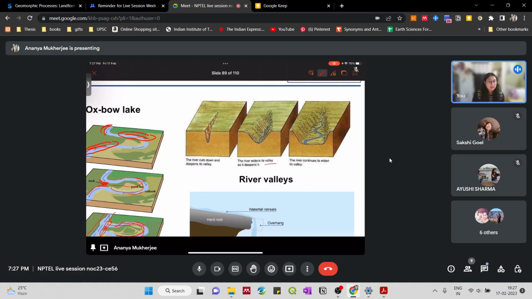As and when the channel widens, the stream starts taking a meandering pattern. At first there is not much area for it to meander, so it will flow as a straight channel, then it will become slightly sinuous and then it becomes a meandering channel. So this is how river valleys develop.